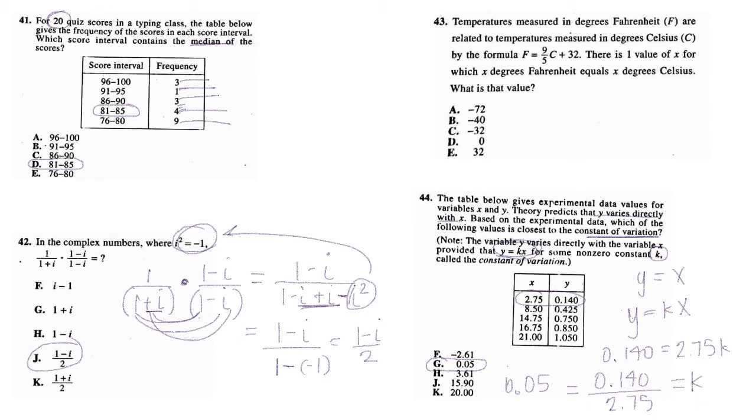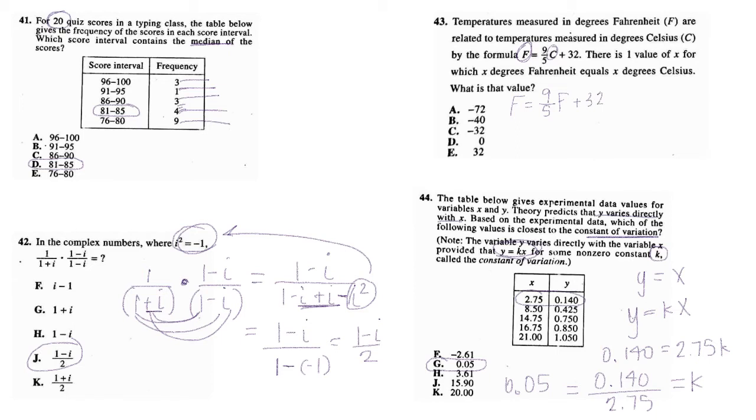So really all we have to do for this is change out one of these variables. So if I make F or C change out to the other, well, let's just change C to F. So we have F equals 9 over 5 F plus 32.